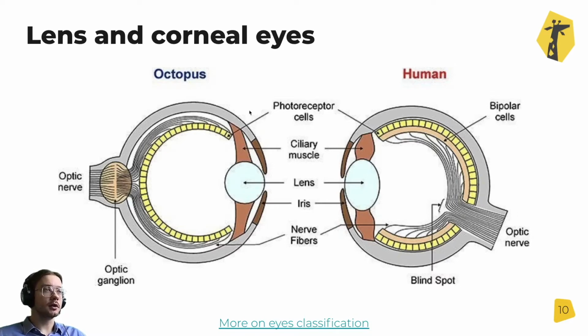The first one is from an octopus, and here in common you see the lens, some muscles. You see, for example, the sclera. This gray is the sclera, and the optic nerve. These are common parts. But what differs here is that the photoreceptor cells, in the first case of the octopus, lie on the nerve fibers, which lie on the sclera.